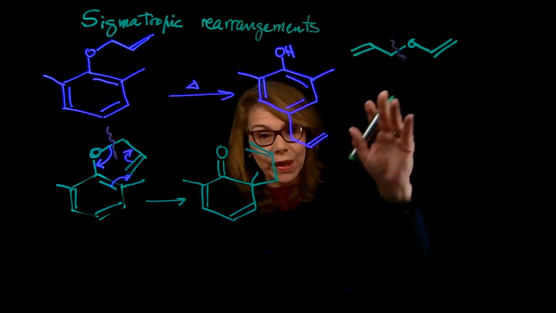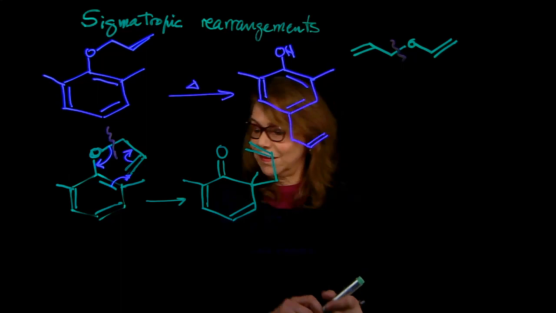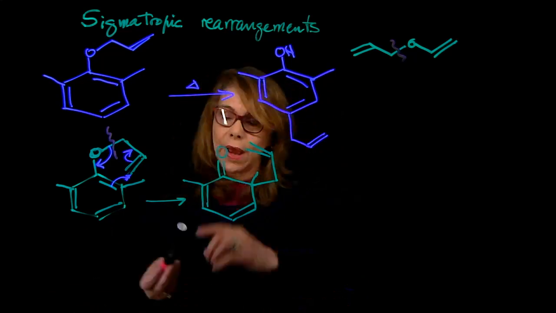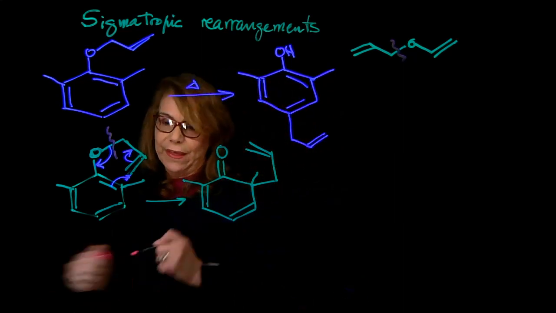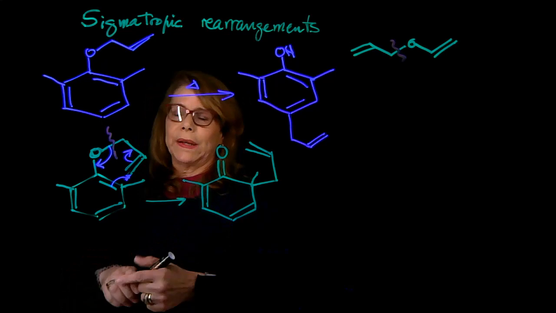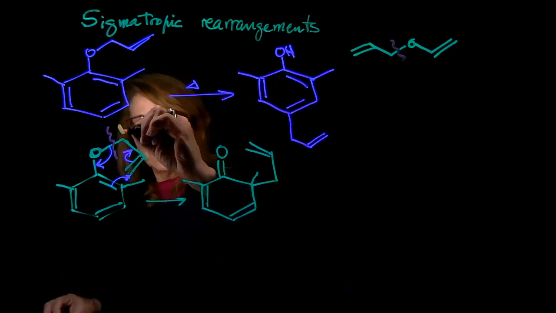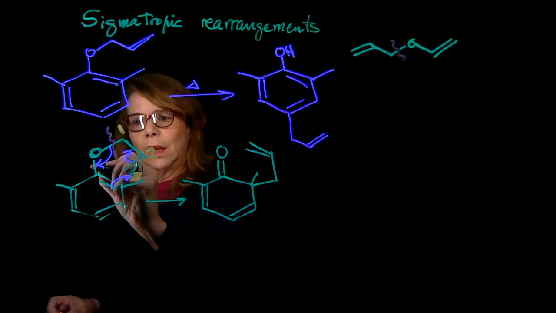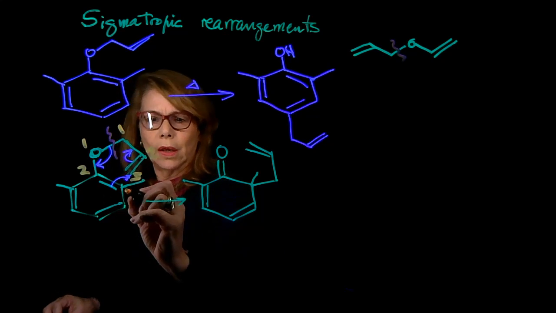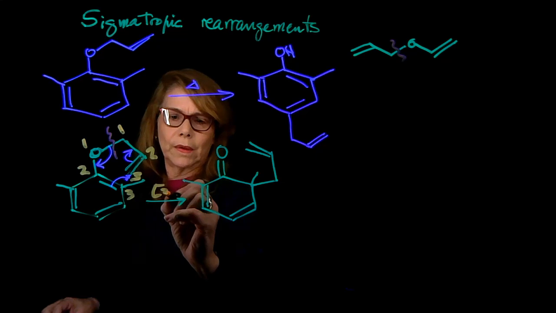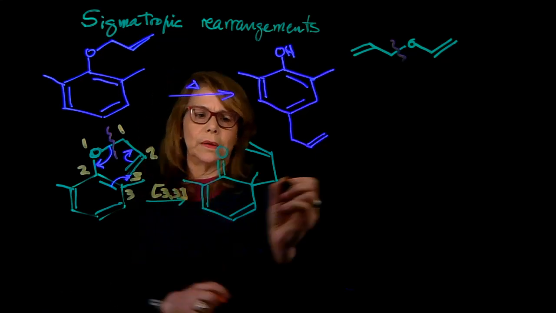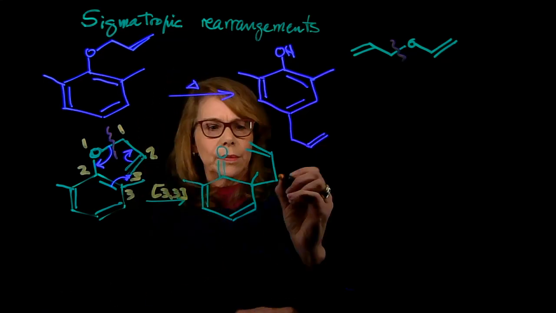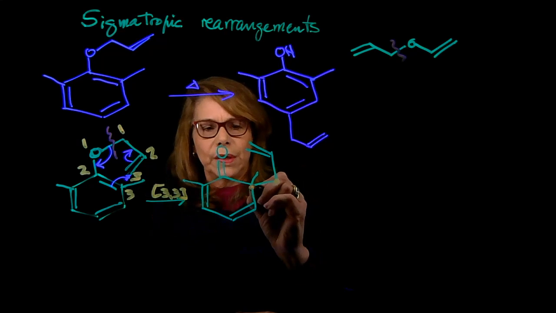That's the molecule. We're not there yet. So we need to do another rearrangement. For now, let's remember that this Claisen rearrangement is 3,3. So 1, 2, and 3, and 1, 2, and 3. Now the new sigma bond is formed between carbon 3 here and carbon 3 on the other end.